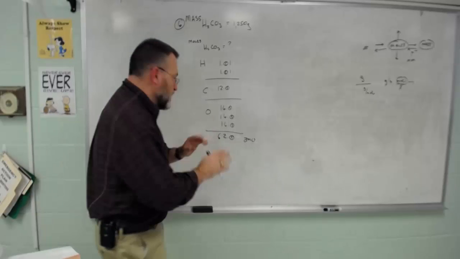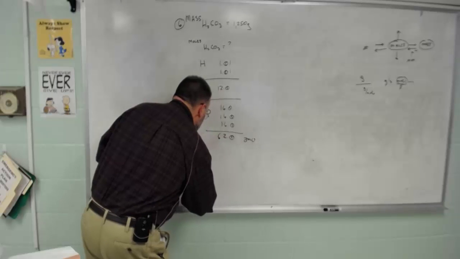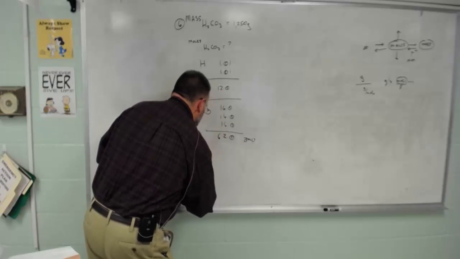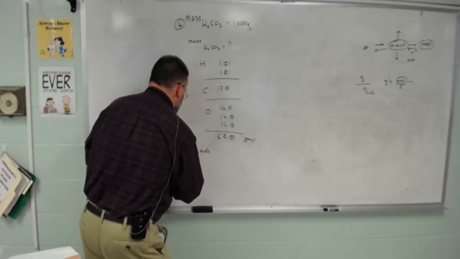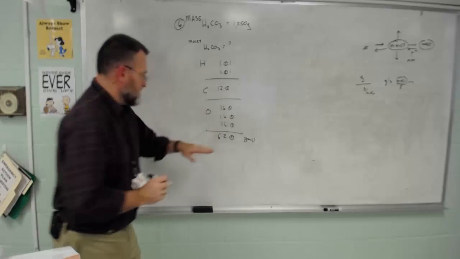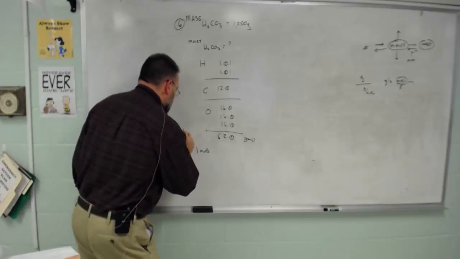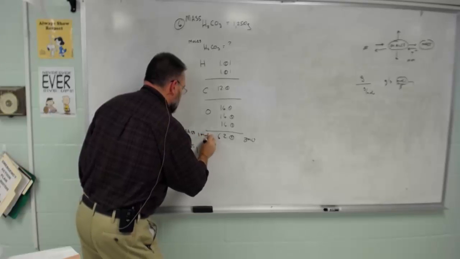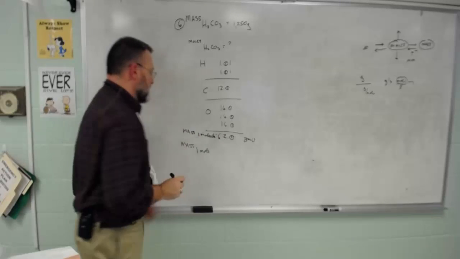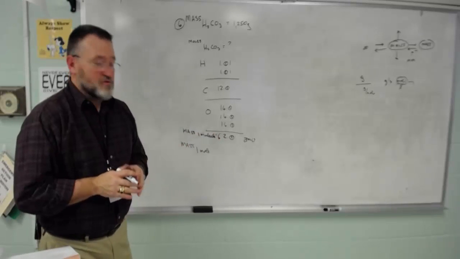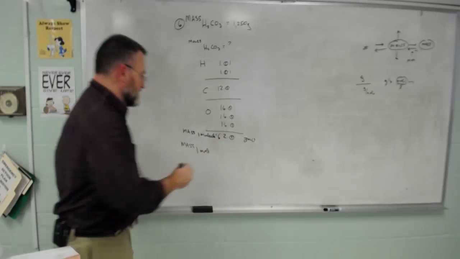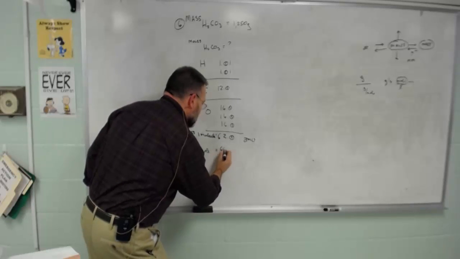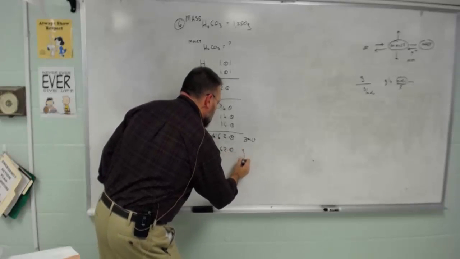The mass of 1 mole, if the mass of 1 molecule is 62.0 AMUs, then the mass of 1 mole of that molecule is equal to 62.0 grams.